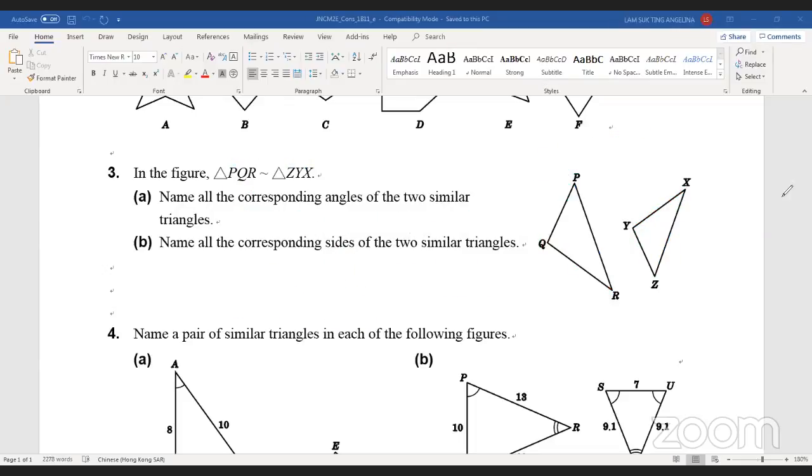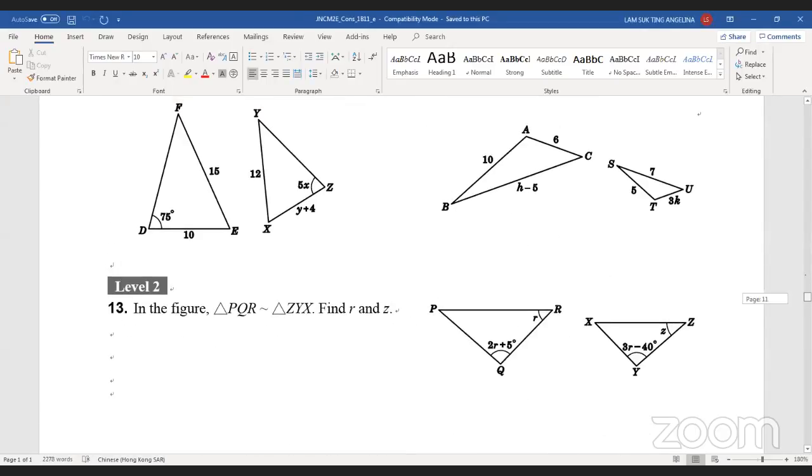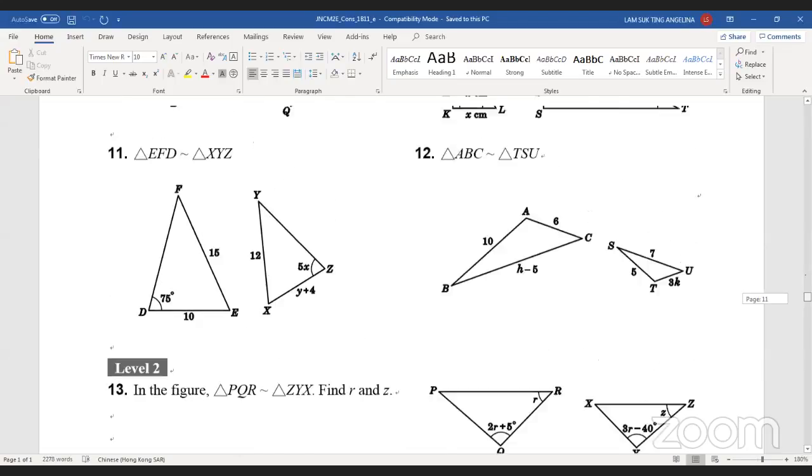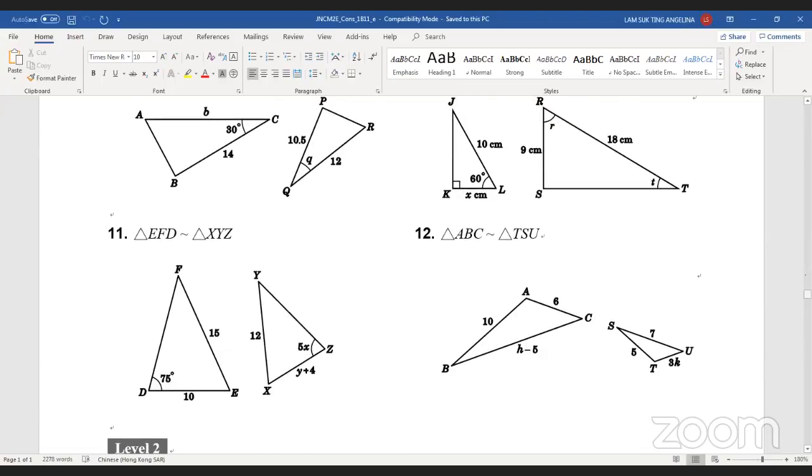Now, we come to the next one. I'll just pick one as an example, like this one.